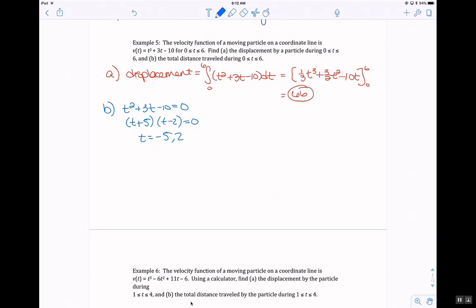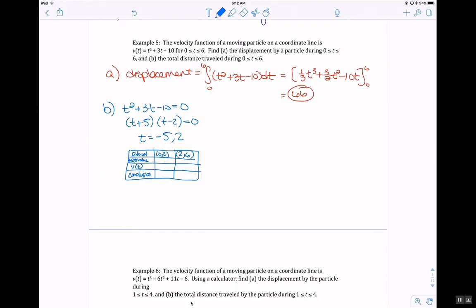So when we look at our interval, and I'm only going from 0 to 6, so interval, test value, v of t, and conclusion. I'm going from 0 to 2, and then from 2 to 6.